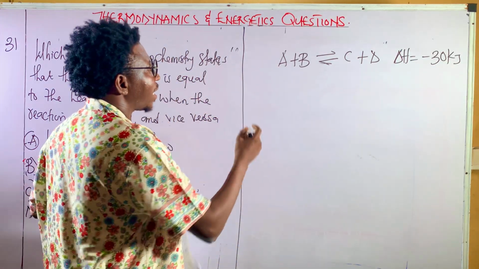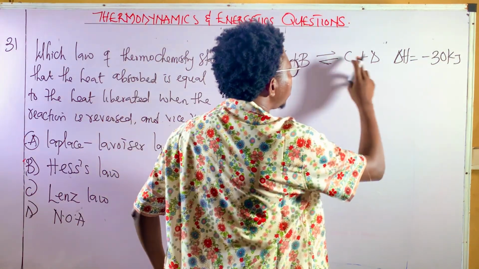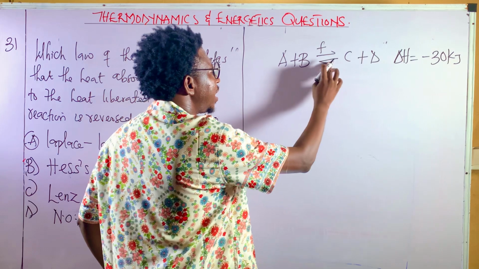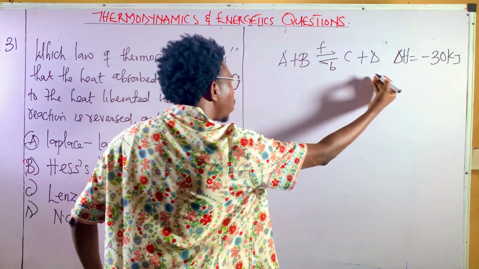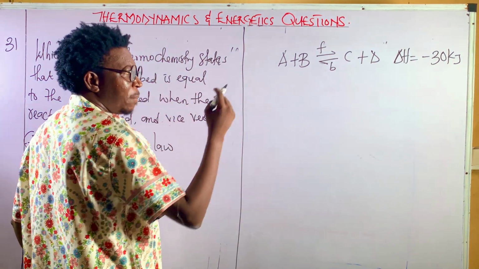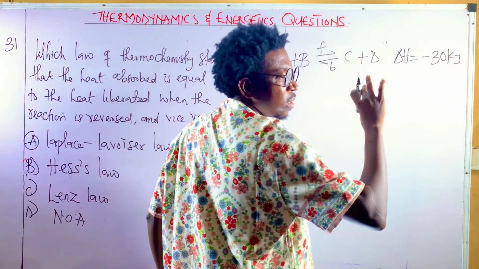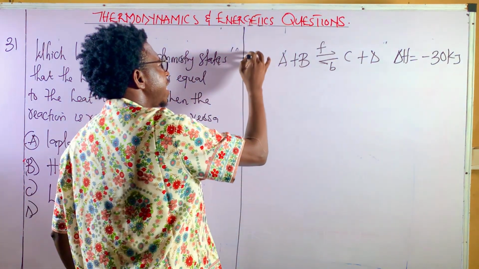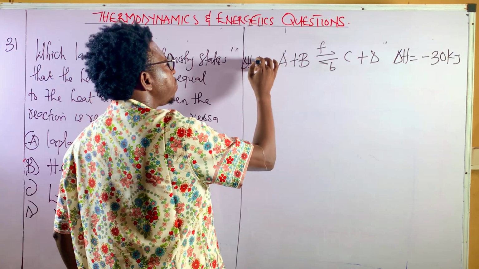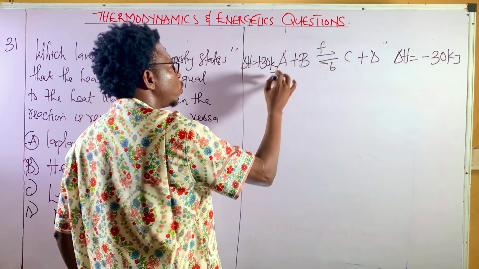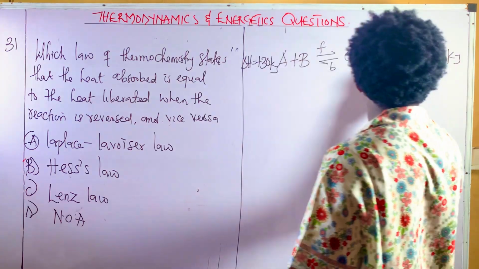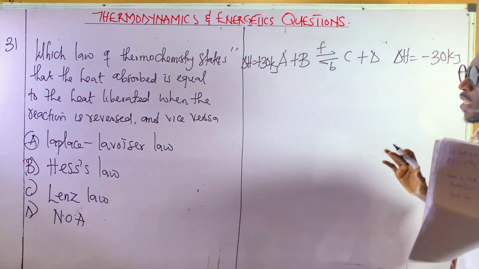So going back, if heat is released in going forward, heat will be absorbed in going backward. So the delta H for the backward reaction will be plus 30 kilojoules. They will not change in magnitude, however, they will change in sign.